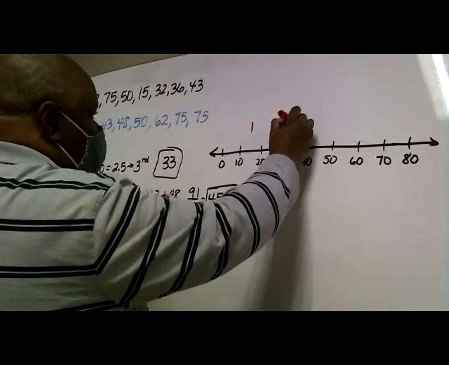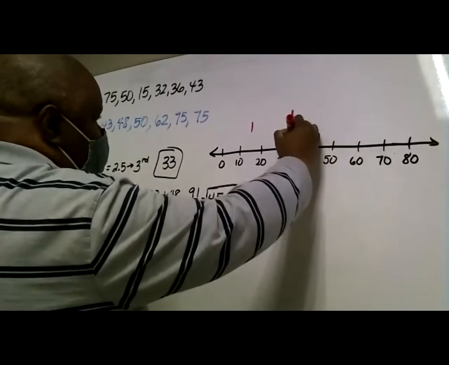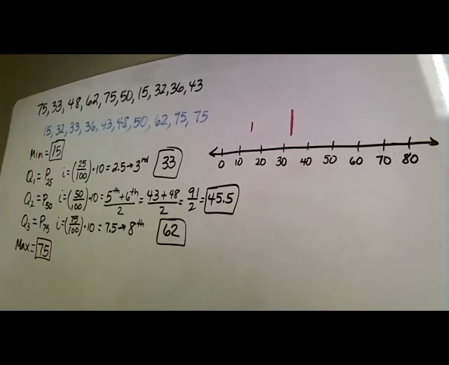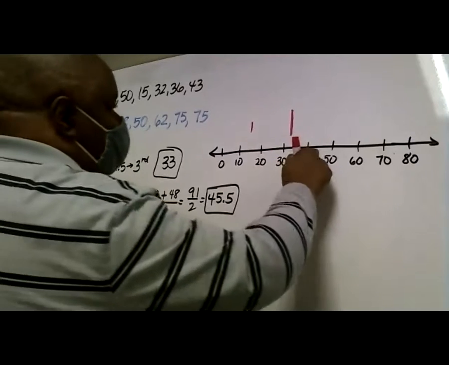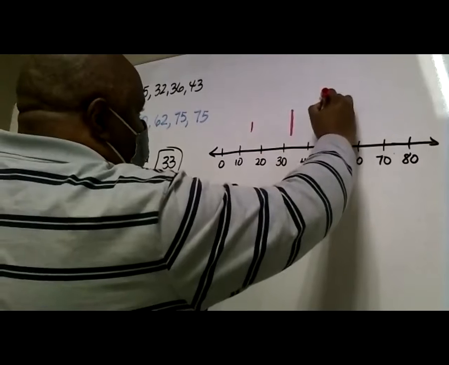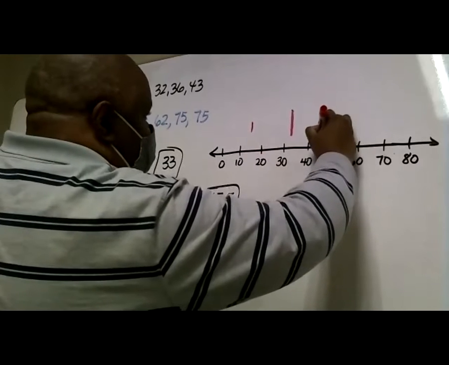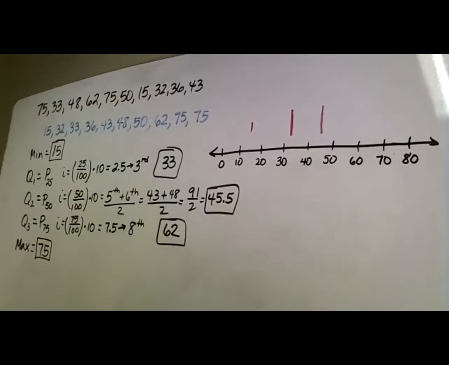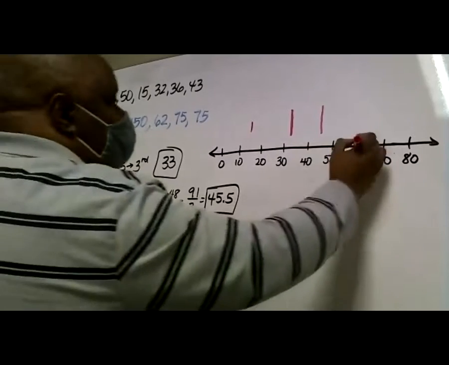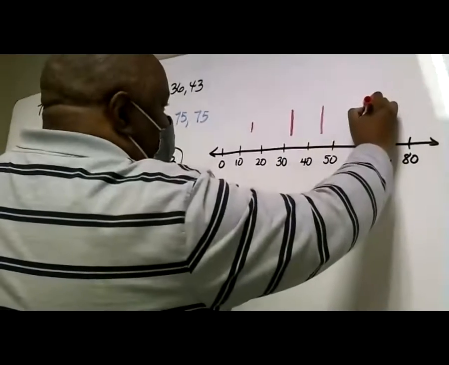So I'm gonna put that longer line that starts the box right here. And then Q2 was 45.5. I know 45 is halfway between 40 and 50, so let's say about right here. That's your median. 62 is Q3. That's going to be a little bit past 60.